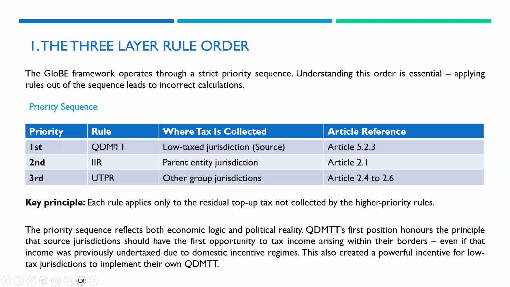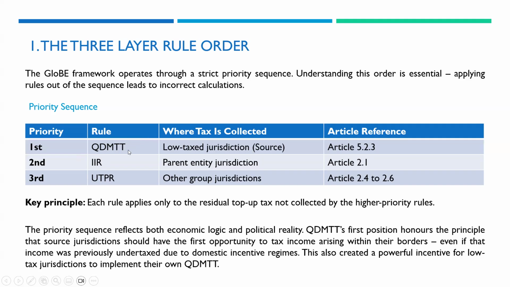Because if a country does not have a QDMTT, definitely the parent entity's jurisdiction would get 100% of the top-up taxes to be charged. So why should they let go of a revenue which they could easily have? So that's why most of the countries would bring in a QDMTT, and this priority sequence makes it a good incentive for all jurisdictions to bring in a QDMTT.